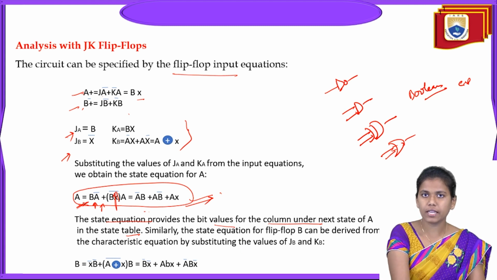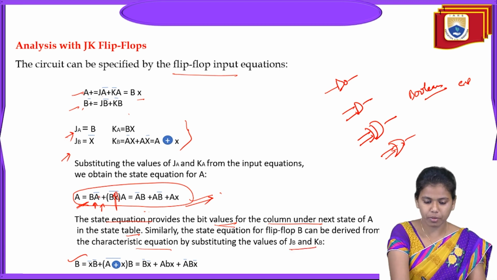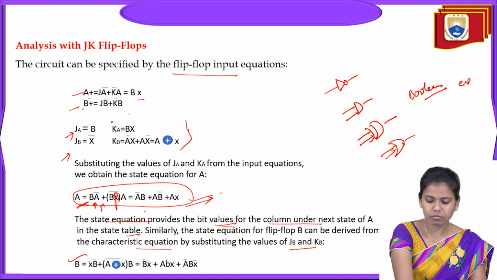So this is state A and this is state B. For the B state as well, we will be getting the bit values, which can be derived from the characteristic equation by substituting the values of JB and KB.